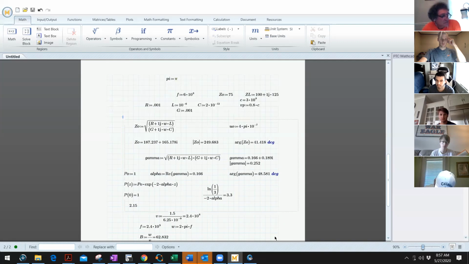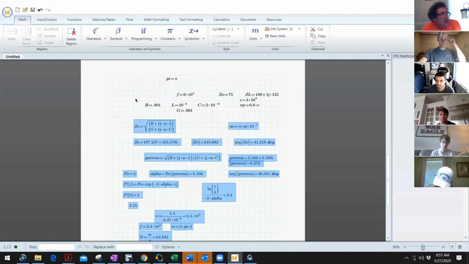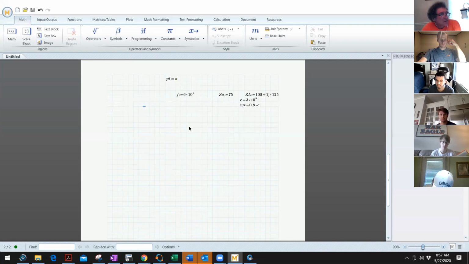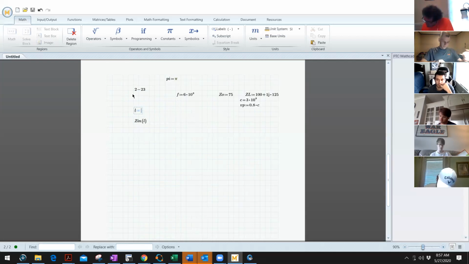And the first thing I have to do is get Z in as a function of L. And I'll make L equal to 30 centimeters, so it's 0.3.